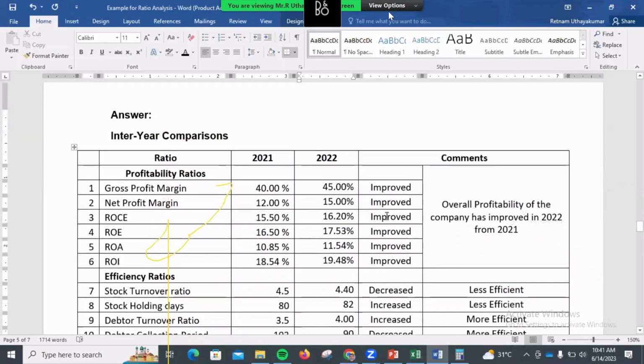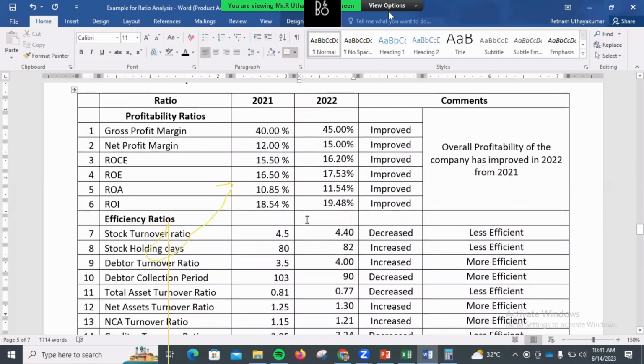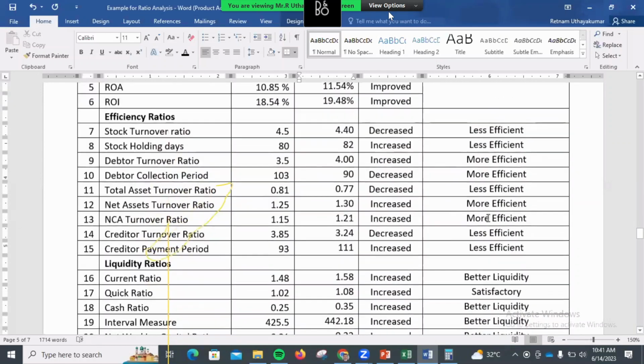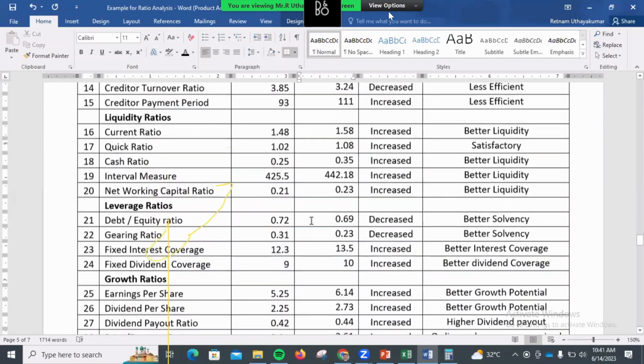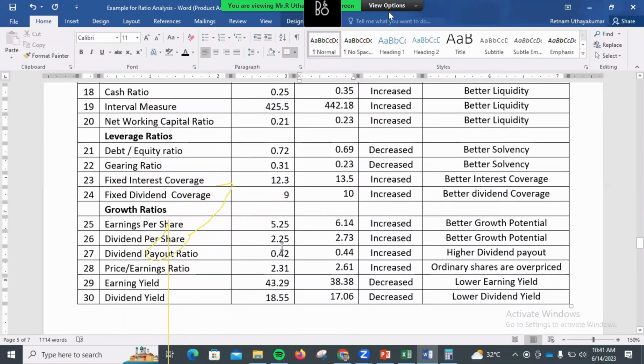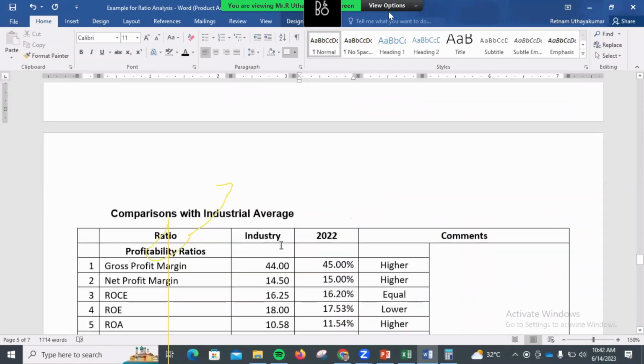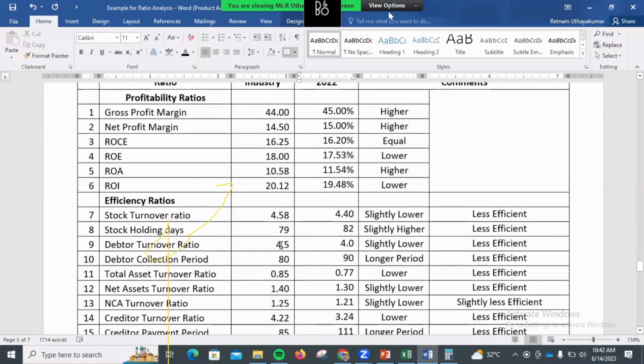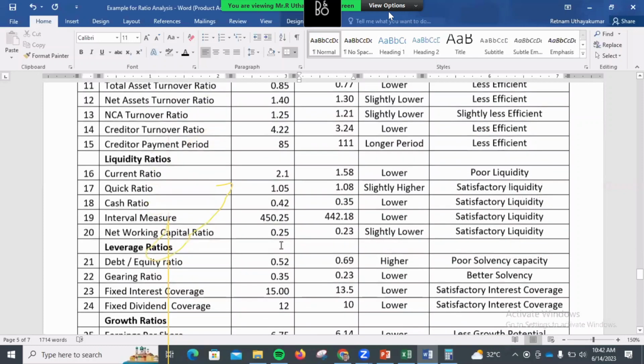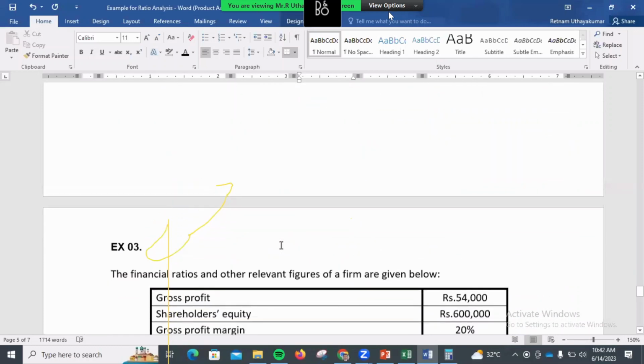So what you can do is download some annual reports of companies, do the calculations and analysis like this, and find the inter-year comparisons and the industrial comparisons. Usually we give assignments to the students to do that.